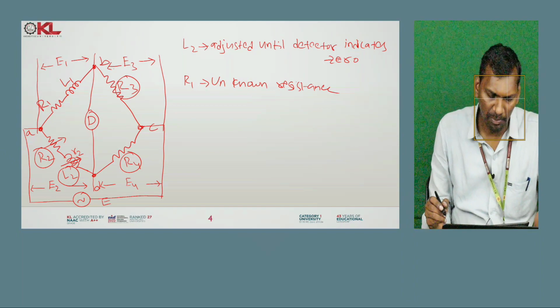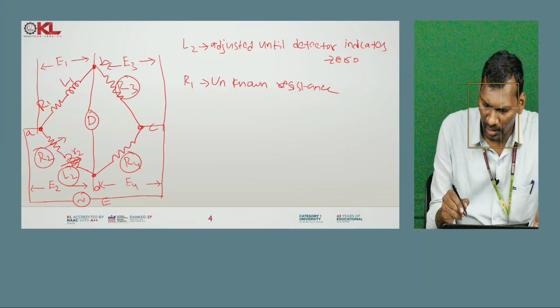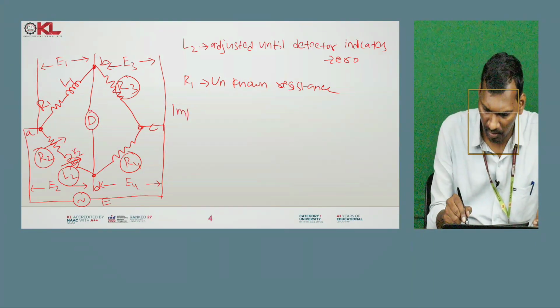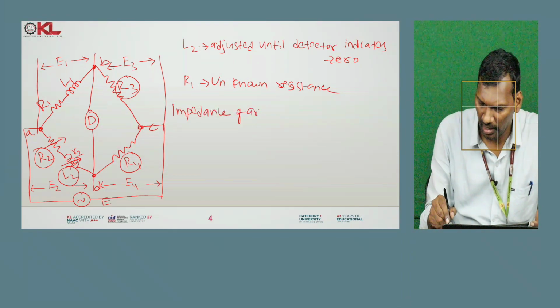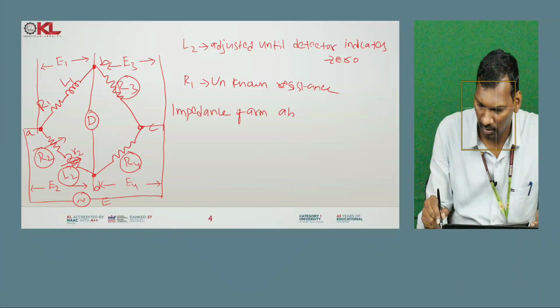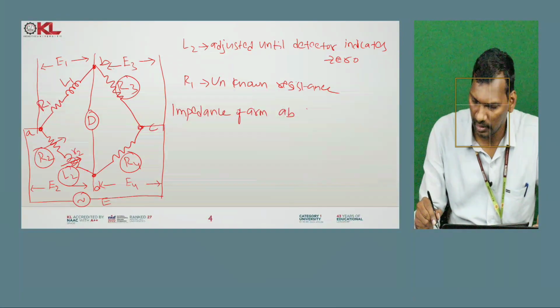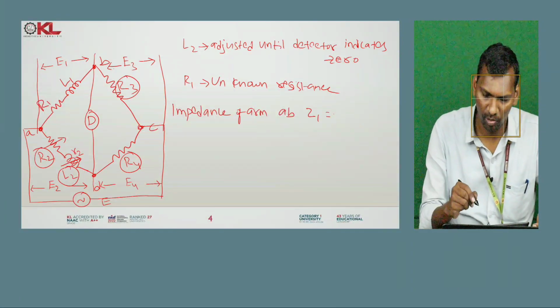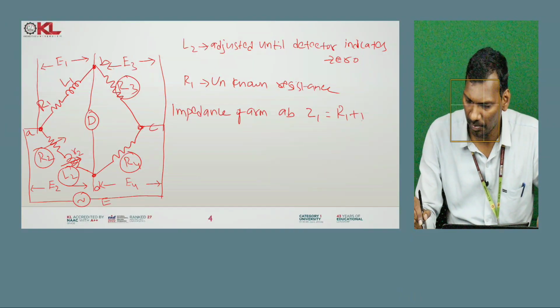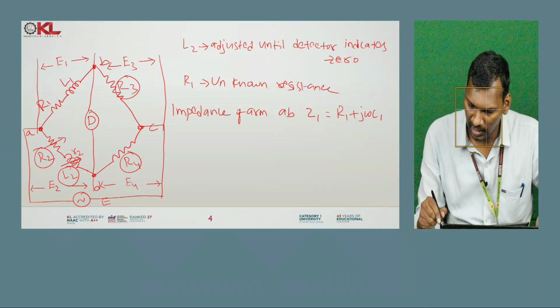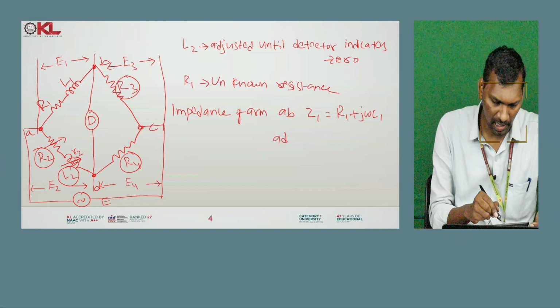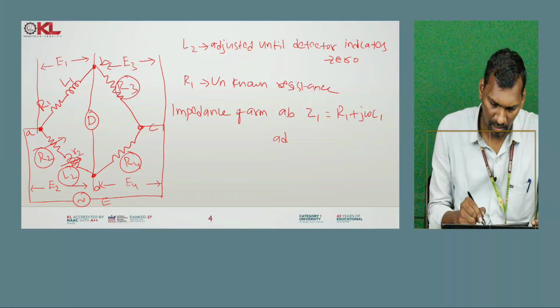Now if you see the impedance of arm AB, let us consider that as Z1, which is equal to R1 plus j omega L1. Similarly across AD, this is the impedance.